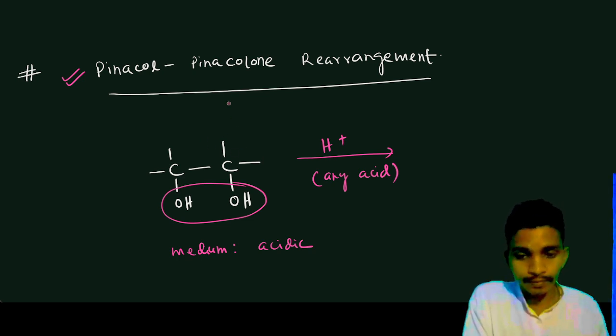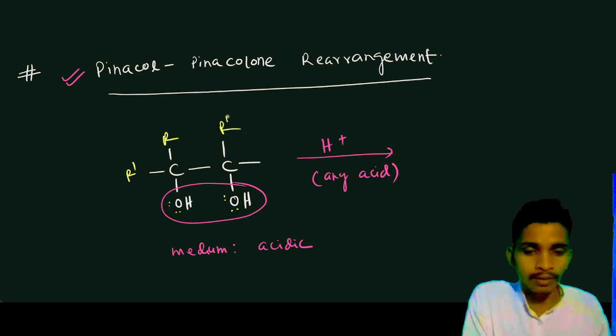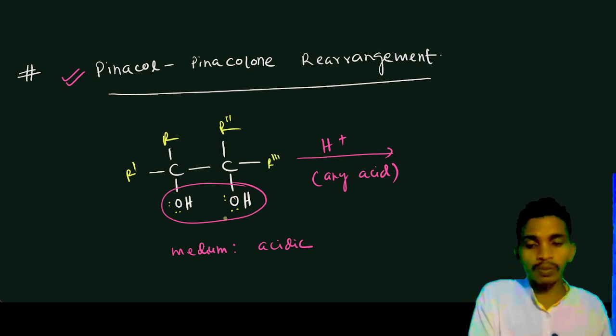Another important thing is that whenever you do the protonation, here a lone pair is there, and here also a lone pair is there. Now which will do the protonation? Let's say this is R, this is R dash, this is R double dash and this is R triple dash. Then which OH will do the protonation?